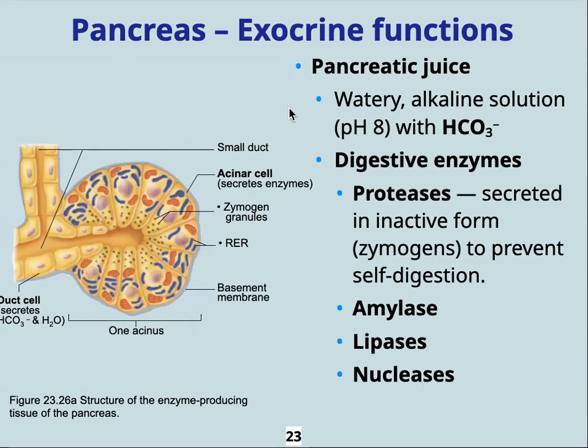So we've already discussed most things on this slide. I just want to mention once again, zymogen is an inactive precursor of an enzyme. So it's a general term referring to these inactive precursors of enzymes that are secreted by your pancreas.